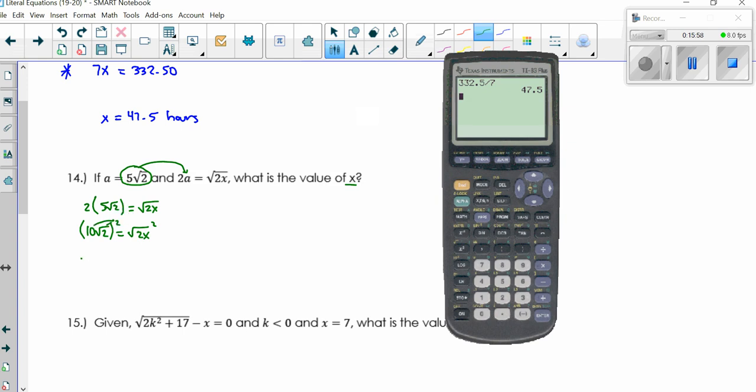So 10 squared is 100. Square root of 2 squared is 2. So that's going to give me 200 equals 2x. Sorry, up here, this left us with 2x. Divide both sides by 2, and we're going to get that x is 100.